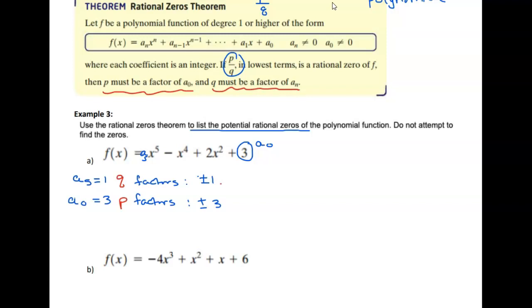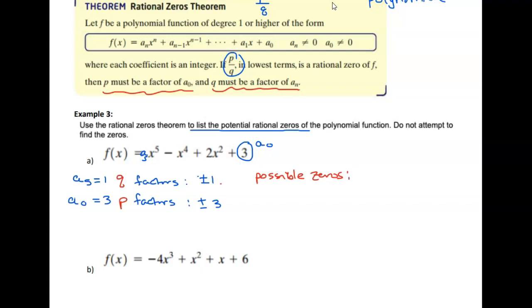So the p's are the factors of the constant term, and the q's are all the factors of the leading coefficient. Now the possible zeros are the p's over the q's.